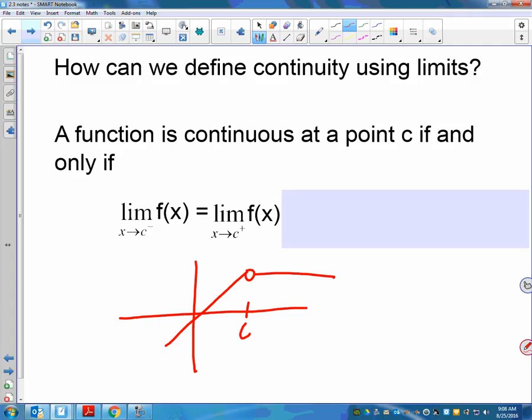In this case, what I have shown right now, the limit as x approaches C from the left equals the limit as x approaches C from the right. But is this a continuous function? What else would I have to say in order for this to be a continuous function?